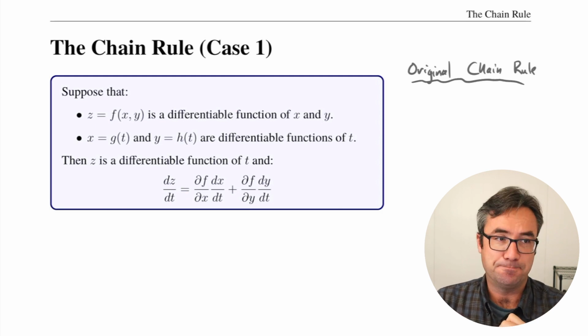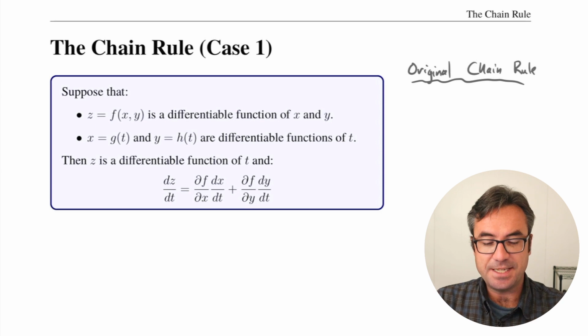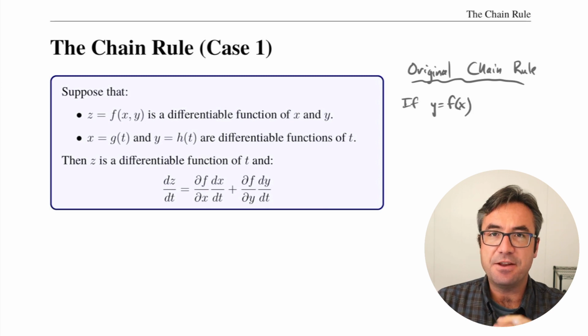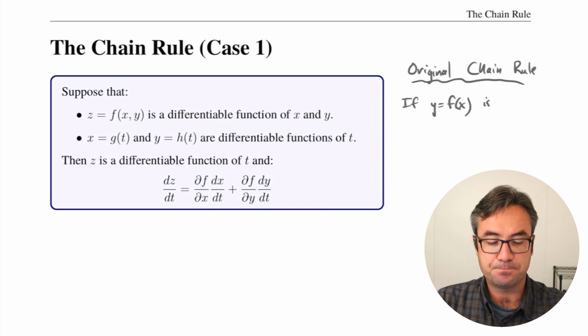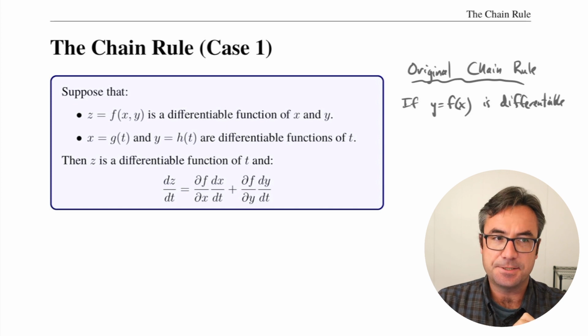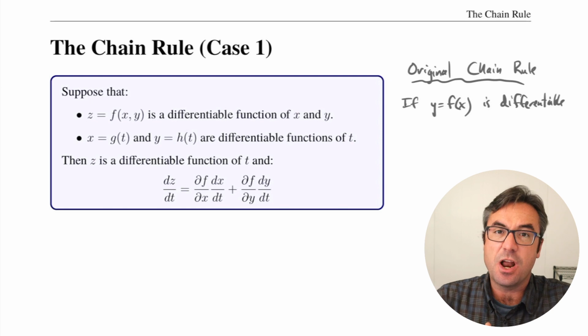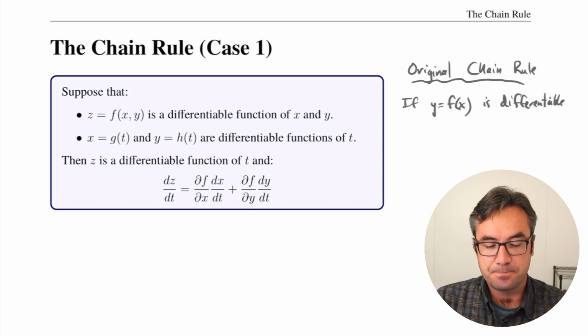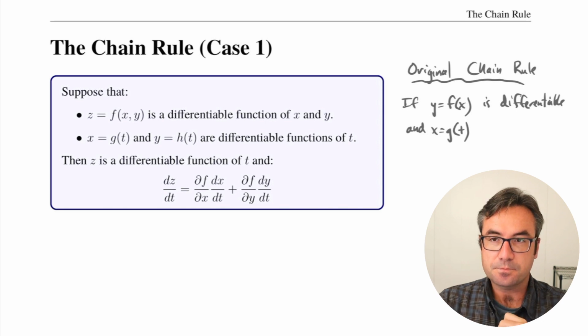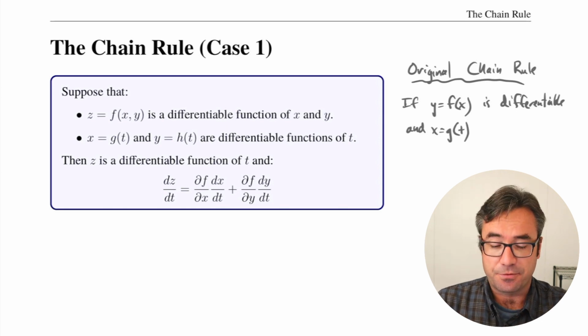to Calc 1. And what this said was that if we had y equal to a function of x, and if that function was differentiable, and we had x written as a function of another variable, maybe like t, and that was also differentiable.